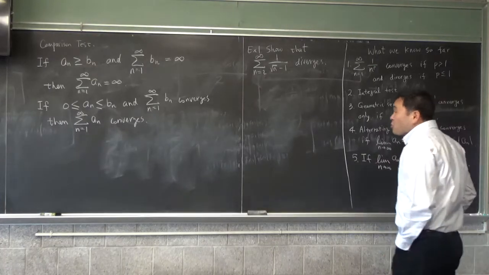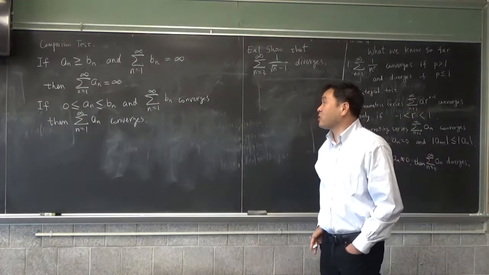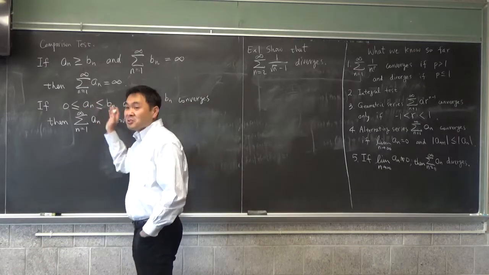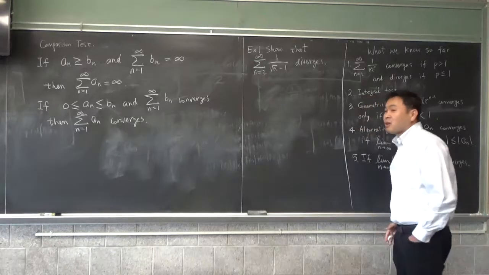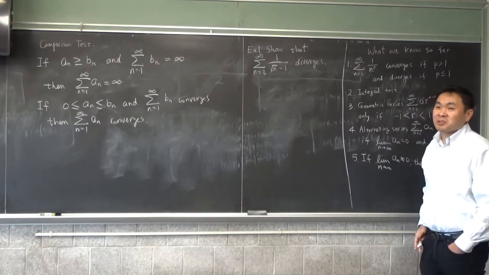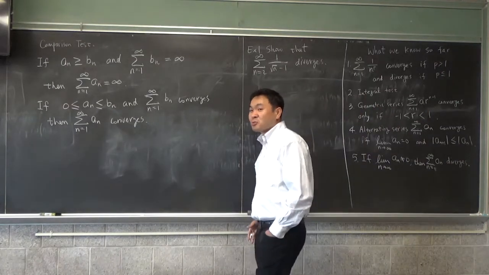Now, eventually the comparison test will be your least favorite test because you have to figure out some inequality. Inequalities are harder than equalities. A lot of the other tests, you just simply have to compute something and the computation tells you whether it converges or not.